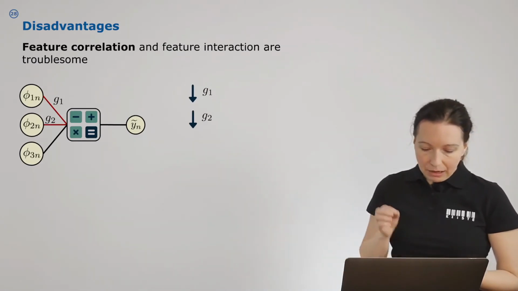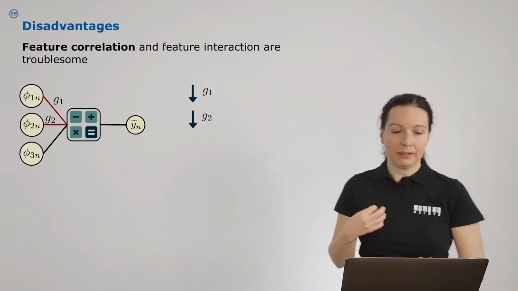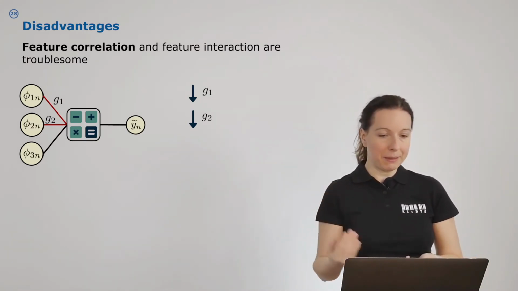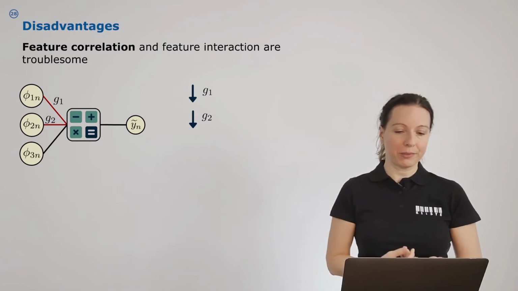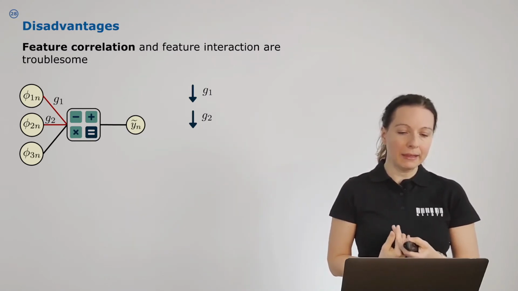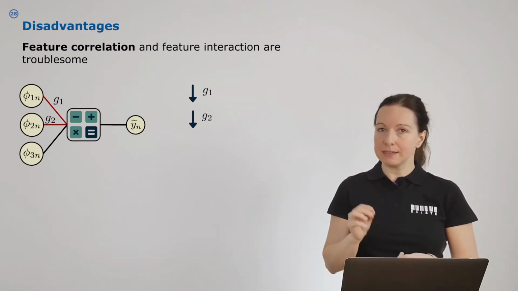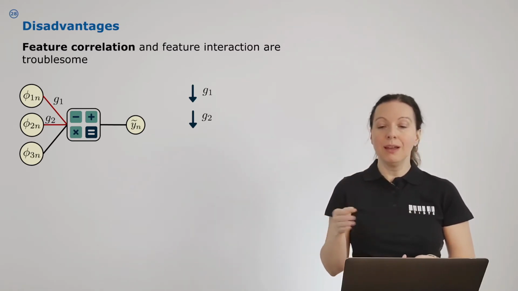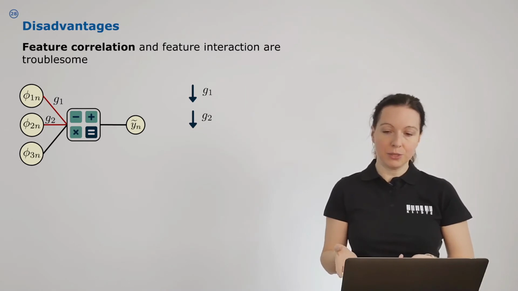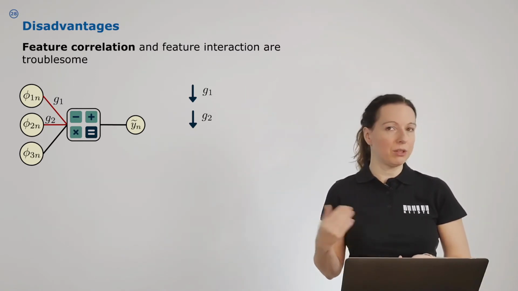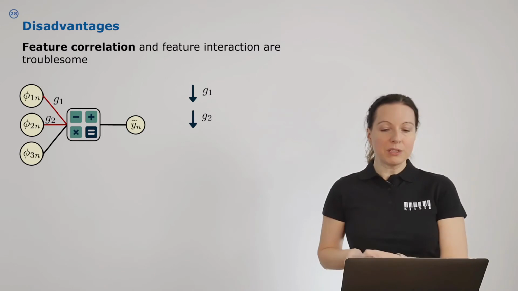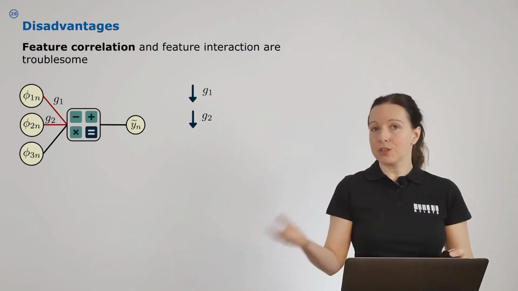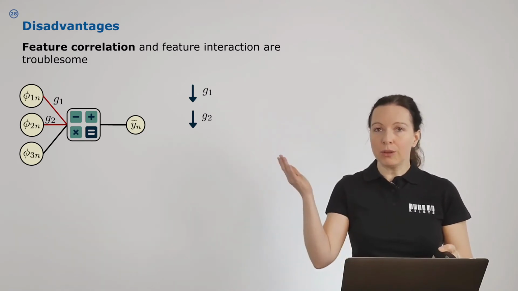And let me go a little bit more into detail on the disadvantage of feature correlation and feature dependence, feature interaction specifically. Feature correlation means that some features phi1 and phi2 are dependent on each other regardless of the target prediction y. In other words, if we increase feature phi1, then feature phi2 will also increase or decrease.